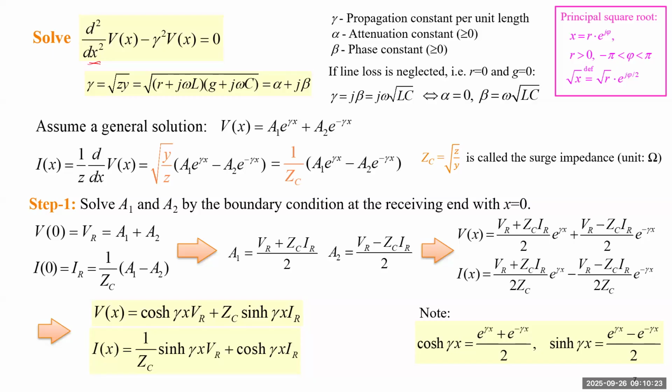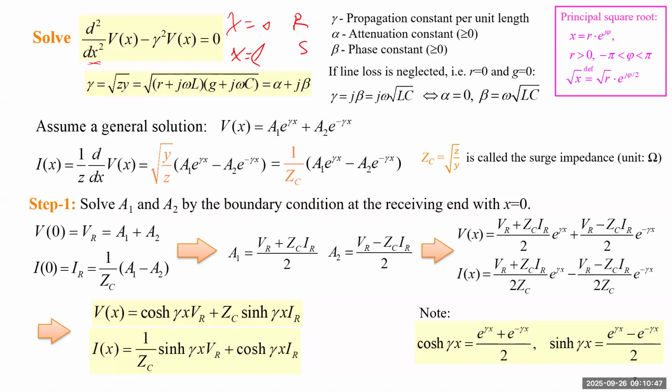So we'll have a second order linear differential equation to describe how the voltage can change from the receiving end to the sending end. So x equals 0 means the receiving end. If x equals L, that will be the sending end. There's just a single parameter in this equation, which is gamma.